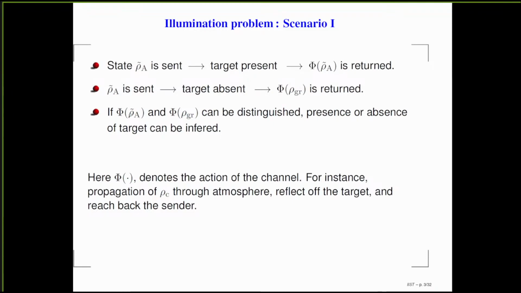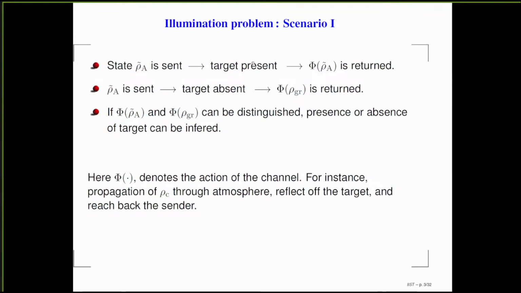Now, if we are able to distinguish between phi of rho tilde of A and phi of rho ground, or phi of vacuum, then we can readily infer the presence or absence of the target. So this is the idea in the illumination problem. This is very simplistic.